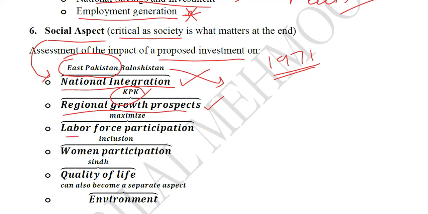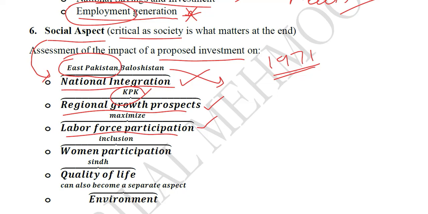Then labor force participation should be considered. The more labor we can include, the more socially acceptable this project would be. So this is another thing that is stemming from the economic aspect, but definitely here it's about labor only. It's not just about the number. It's about the human side of the project effect.